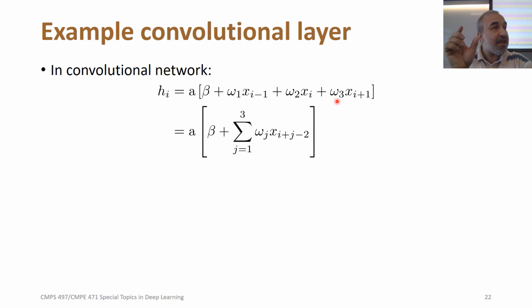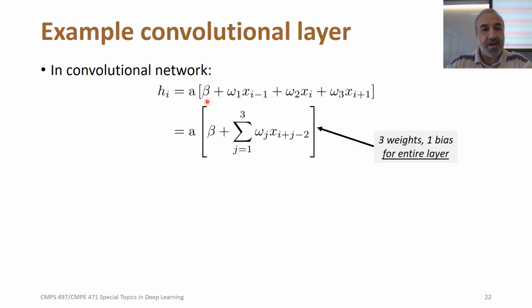Okay, so it's the same set of parameters, the same kernel, shared across the entire input, and also the bias is independent of the hidden unit, so it's just one bias. So out of this layer, we only have 3 weights and 1 bias if we have just one kernel. So the entire layer has just 4 parameters, 3 weights and 1 bias. Of course, if the kernel size is 3.